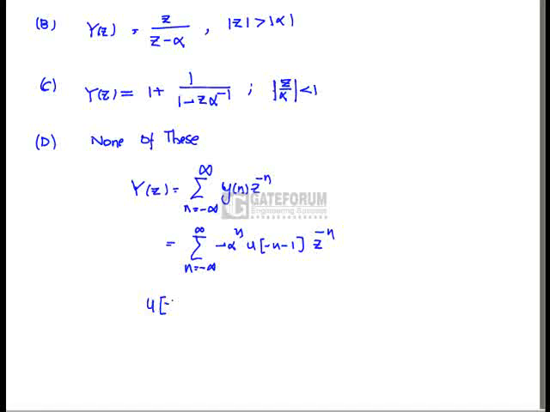U of minus n minus 1 is equal to 1 for n from minus infinity to less than or equal to minus 1, 0 elsewhere.